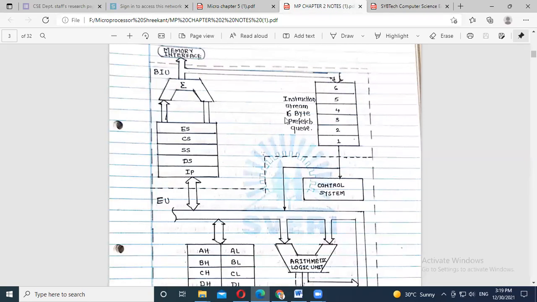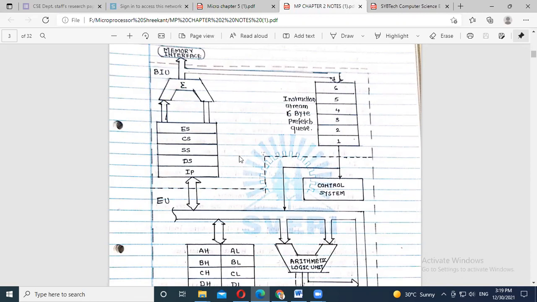And here we are using the instruction stream for a 6-byte prefetching queue. So there are 6 bytes: byte number 1, 2, 3, 4, 5, 6. Totally 6 instruction stream bytes are used for the prefetching queue.